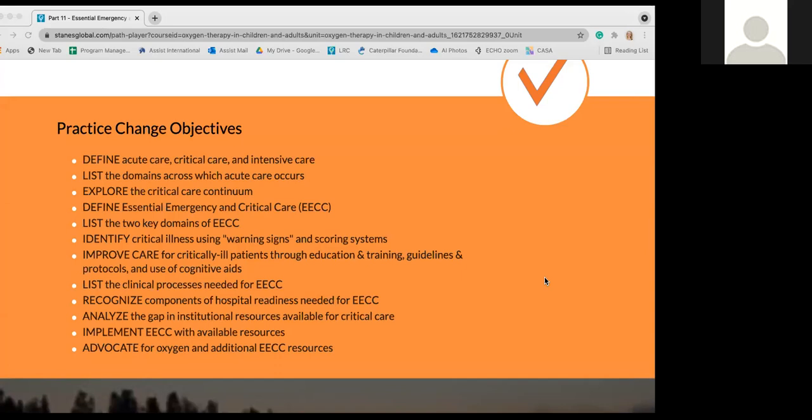The other objective was to identify critical illness using warning signs and scoring systems. So we gave examples of NEWS2, and also qSOFA. And then the other objective was to improve care for critically ill patients through education and training, guidelines and protocols, and the use of cognitive aids.